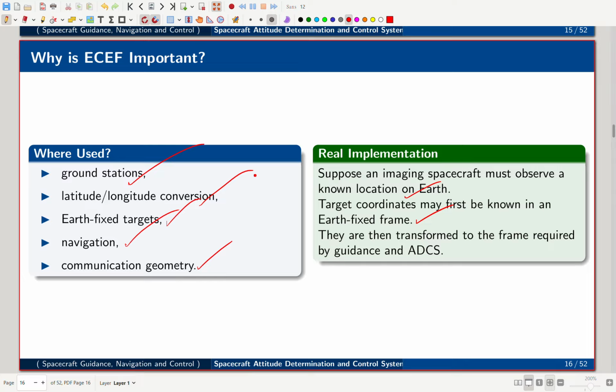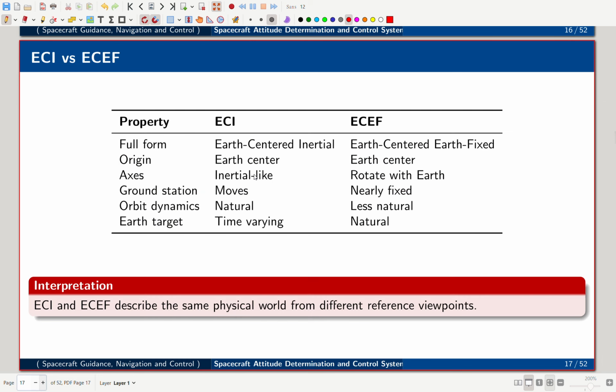The target coordinates may first be known in an Earth-fixed frame. They are then transferred to the frame required by guidance and ADCS. So these are the important uses of ECEF, right?